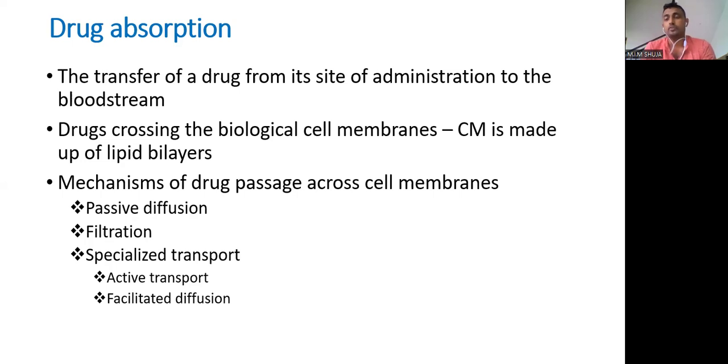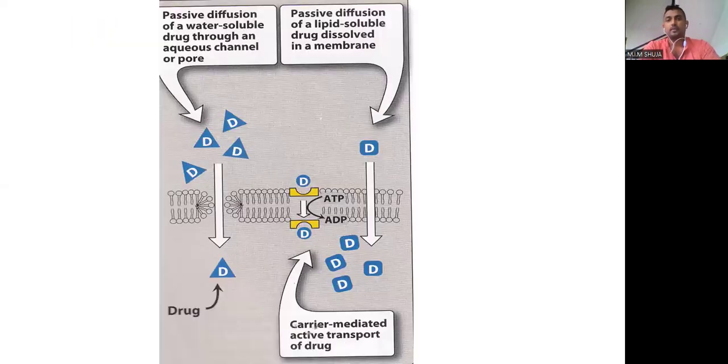A large molecule like vitamin B12, if I am correct, crosses via endocytosis. The water soluble drugs go through the aqueous channels by passive diffusion.